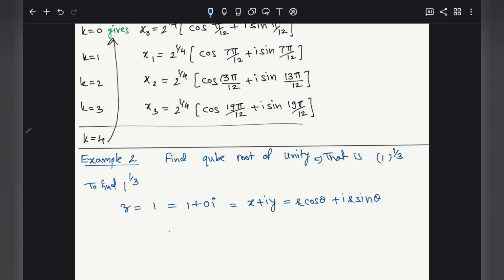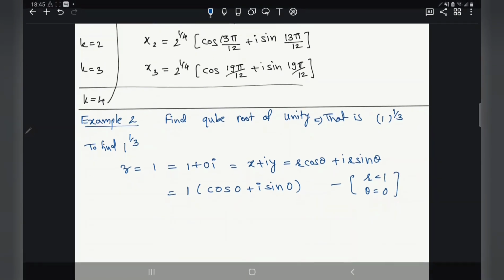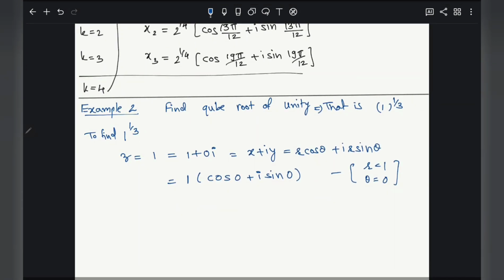In this case we know r is going to be 1 and theta is going to be 0, because cos 0 is 1 and sin 0 is 0. So cos 0 plus i sin 0. This I have got. Here I have found r as 1 and theta is 0. You know how to find this. I have shown in the first problem explicitly how to find it.